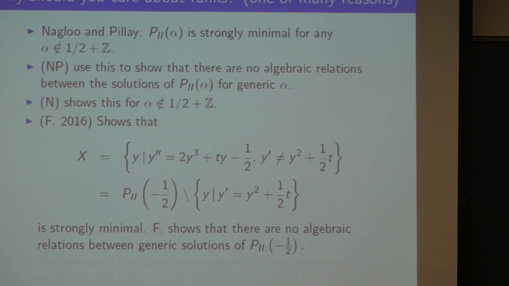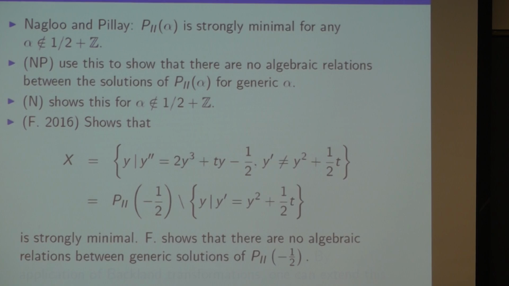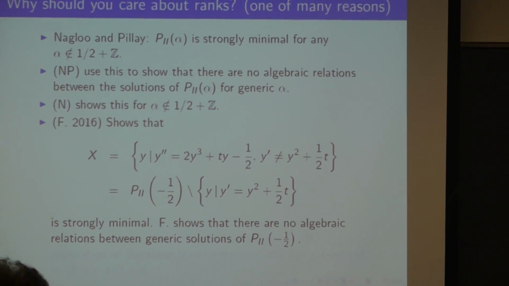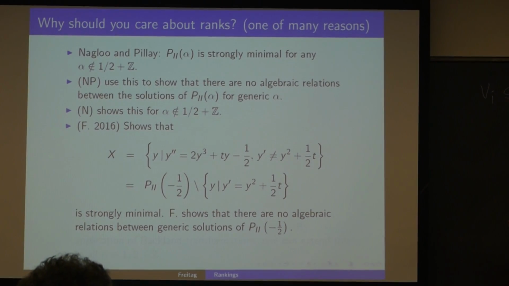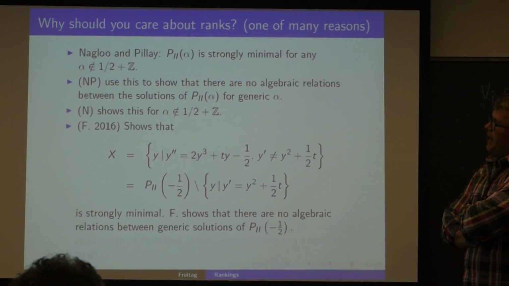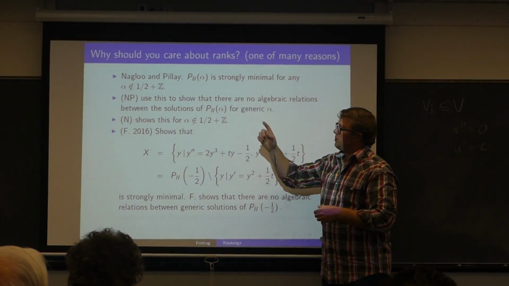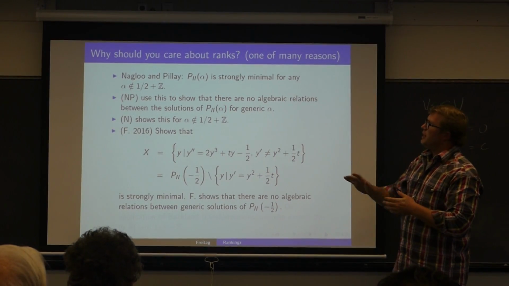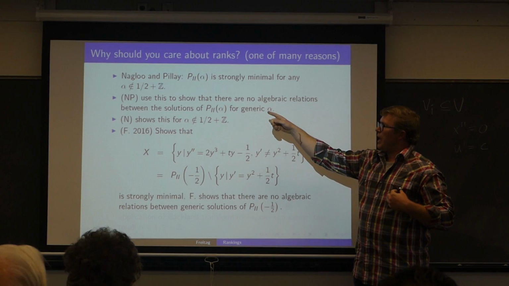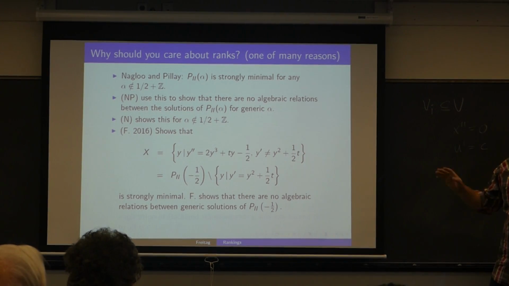So in a really nice series of papers, Ronnie and Anand showed that the second Painlevé equation, and they did many other things, is strongly minimal for anytime you take the parameter outside this exceptional set, 1/2 plus c. And here, just take the parameters to be coming as complex numbers, okay? For the purposes of this.